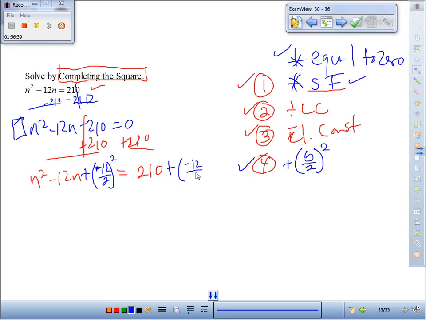What is negative 12 divided by 2? Negative 6. What is negative 6 squared? 36. I bring everything else down. n squared minus 12n plus 36, equals 210 plus 36.